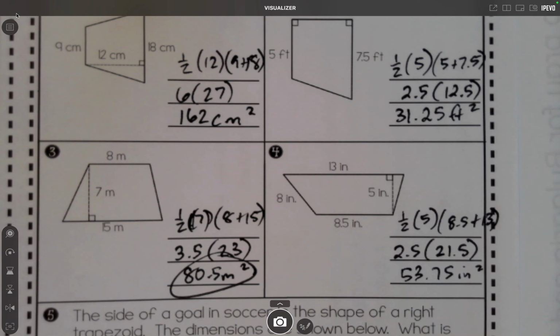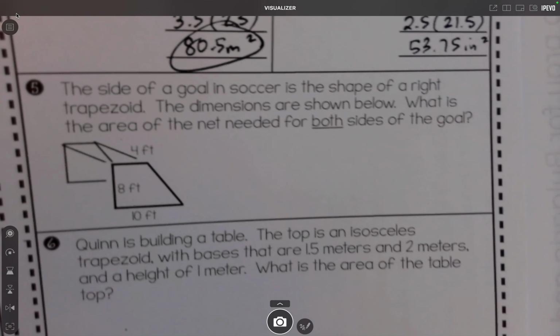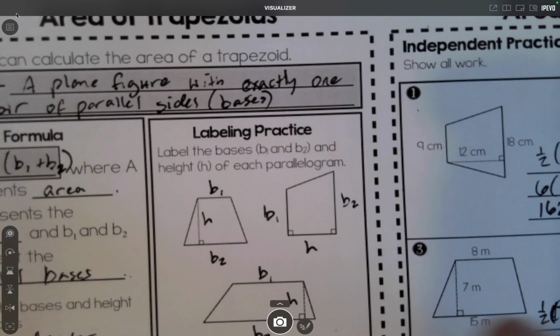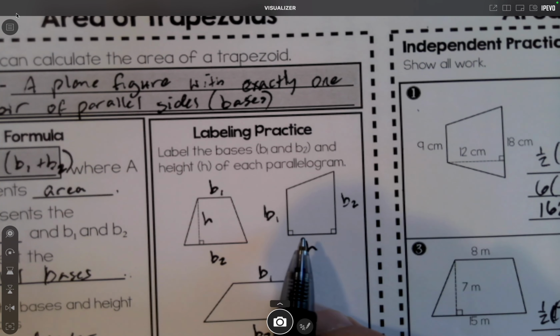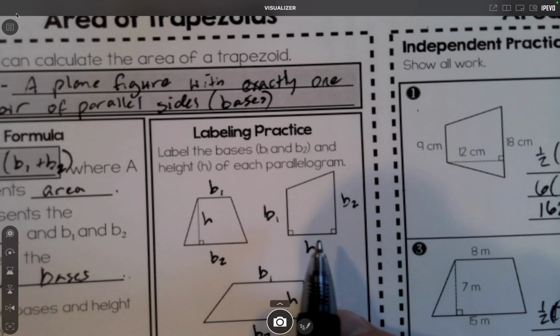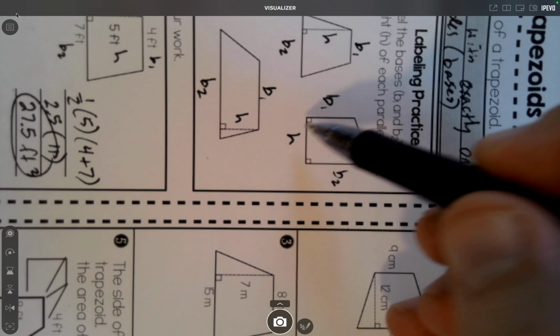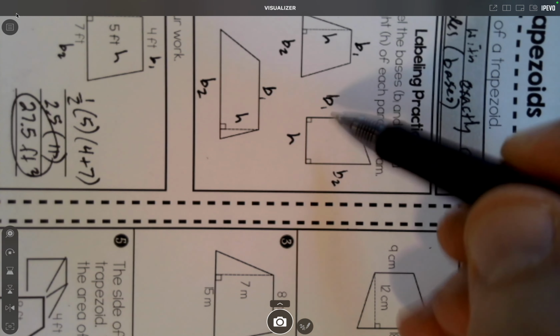Now these last 2 are more word problem-like, so I'll work through them. We'll work slowly. The side of a goal in soccer is the shape of a right trapezoid. So just to understand what they're talking about, it's a right trapezoid when the height can be found as an actual side. Because if you think about it from this orientation, then one side is completely perpendicular to the two bases.